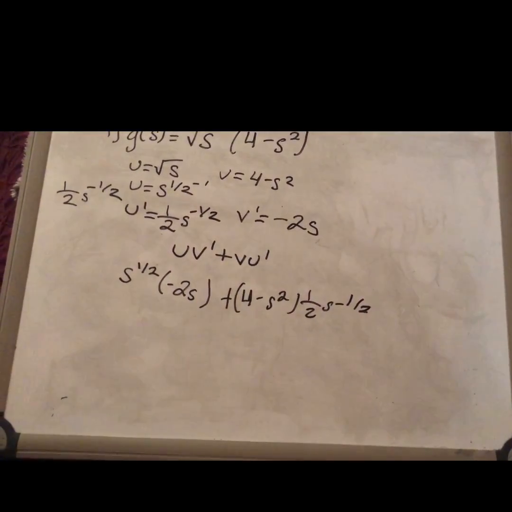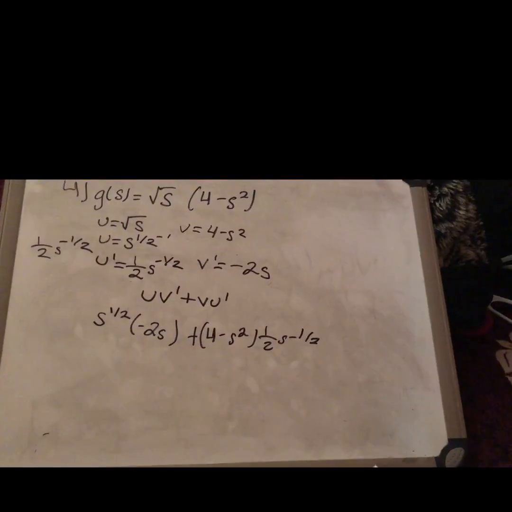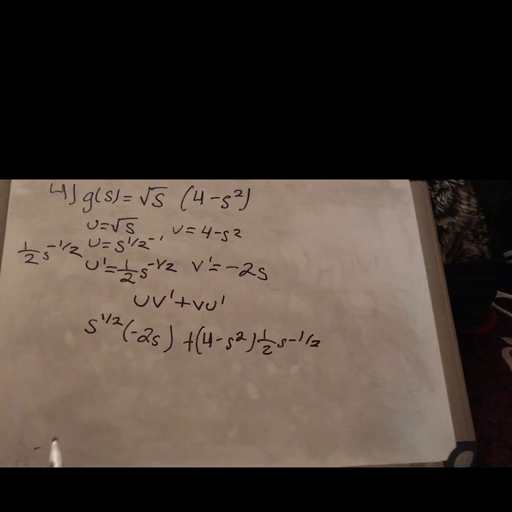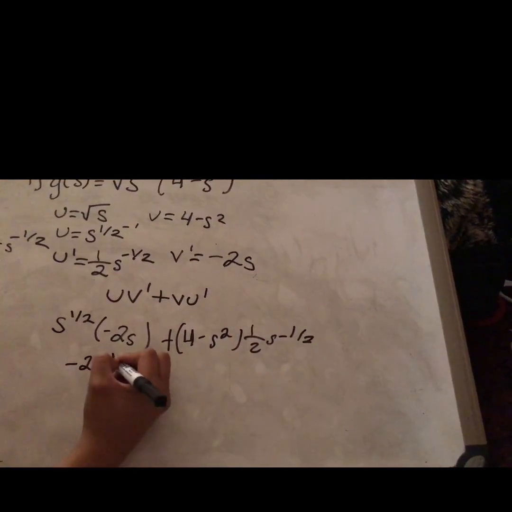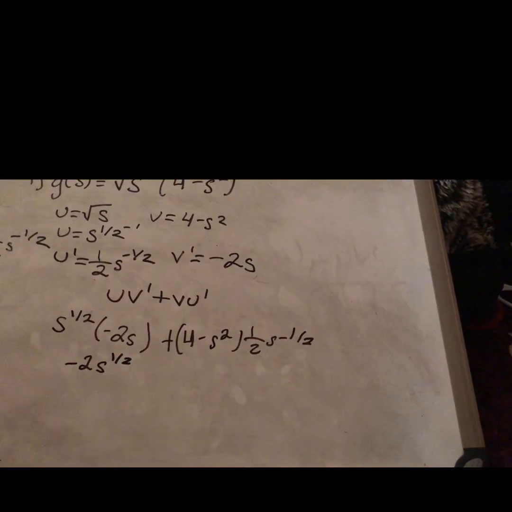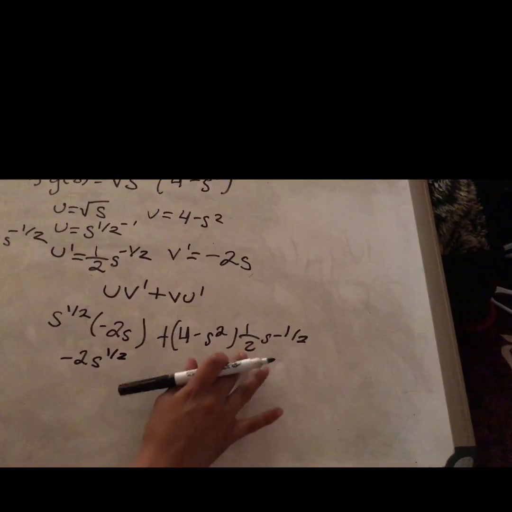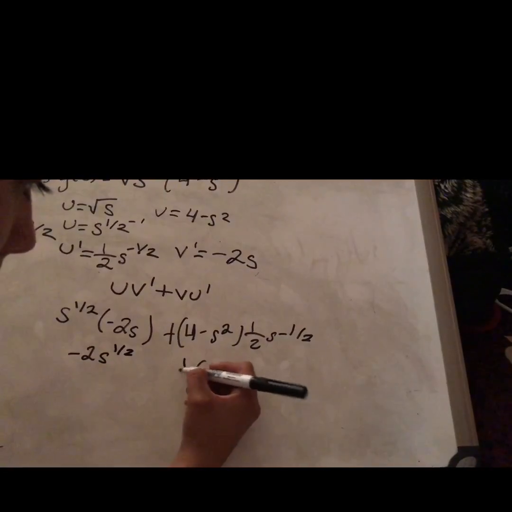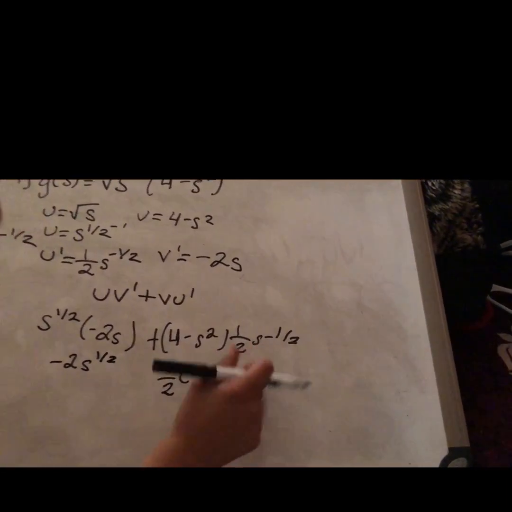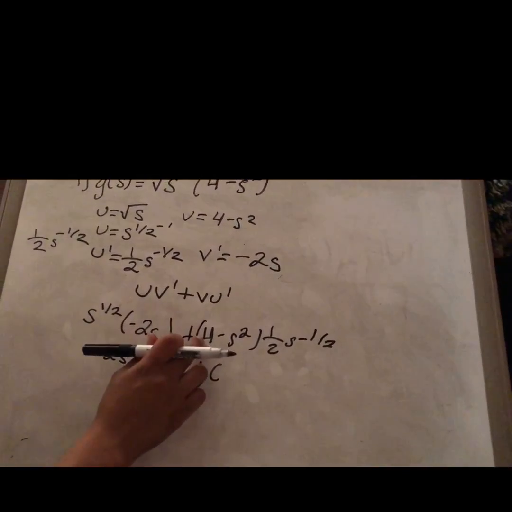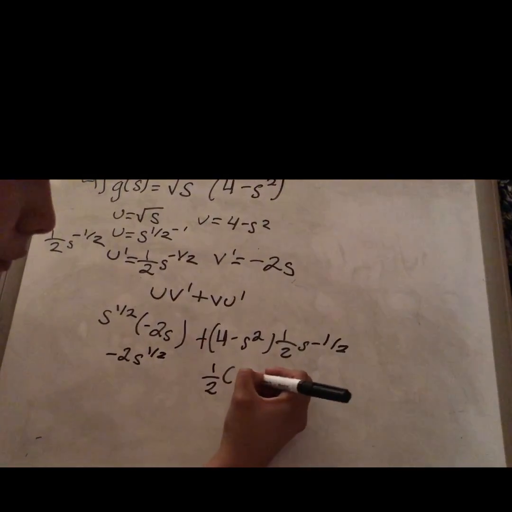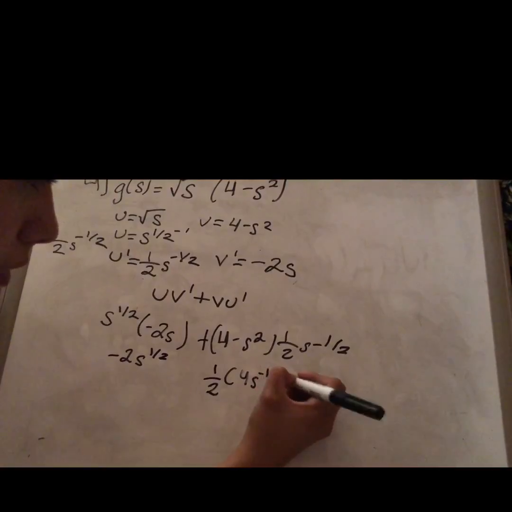So now what you have to do is distribute. So this would be negative 2s to the 1/2, and right here you could take out the 1/2 and put it on the side, and s to the negative 1/2 times 4 would be 4s to the negative 1/2.